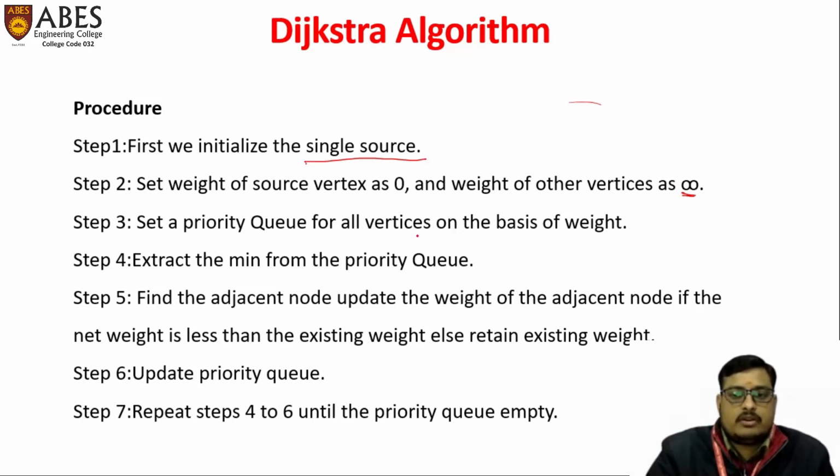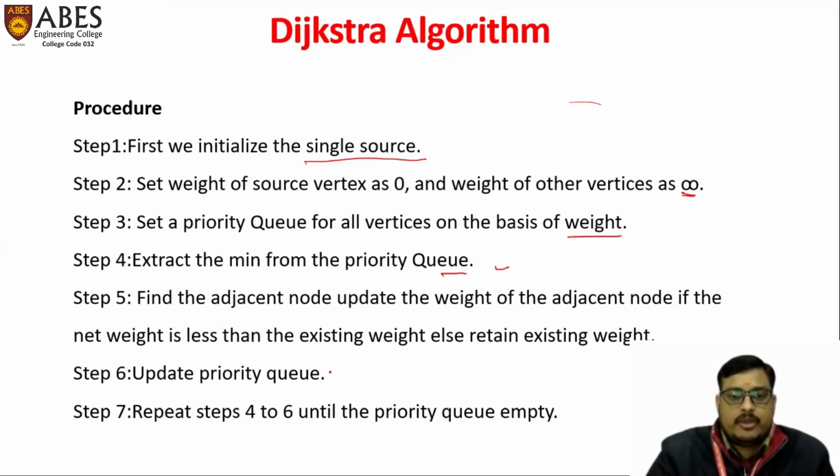We'll insert all the vertices in the priority queue according to their weights, and then we'll extract the minimum from the priority queue. After that, we'll find the adjacent nodes and update the weight of the adjacent node of the extracted vertex if the current cost is less than the existing cost.